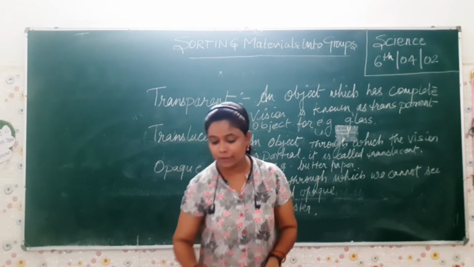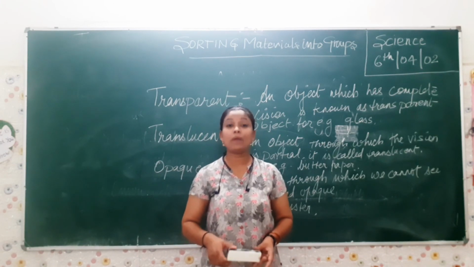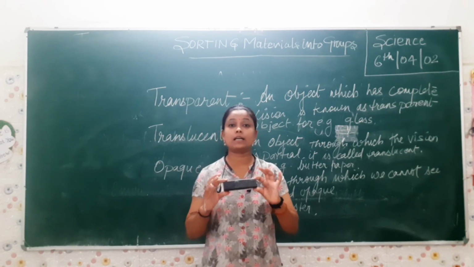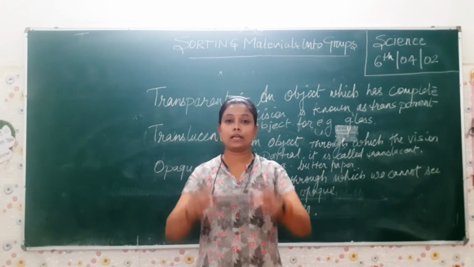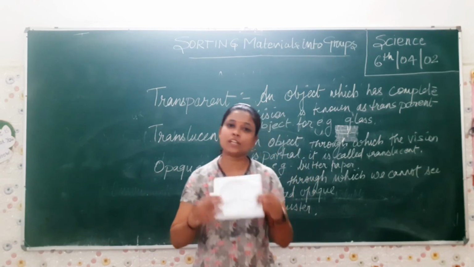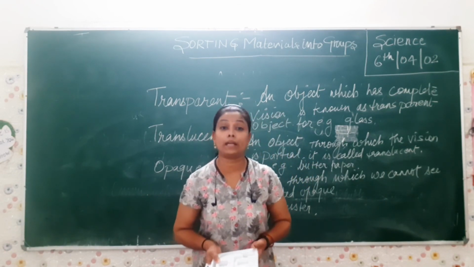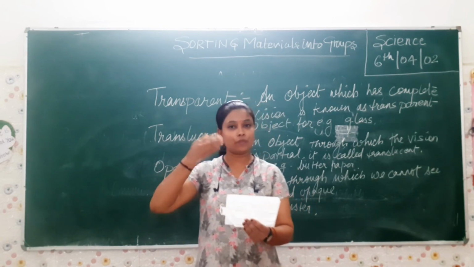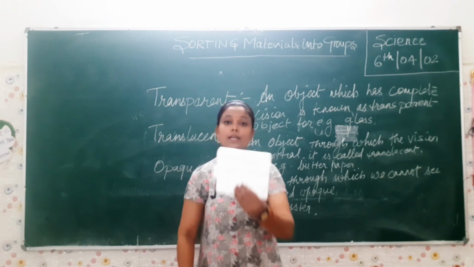Next, what example did I give you? I gave you the example of a duster. For opaque, as I have a duster in my hand, we all can see each other. Now we cannot. Not only this, plastic material can also be known as opaque. Why? Because from one side it is impossible to see the other side.